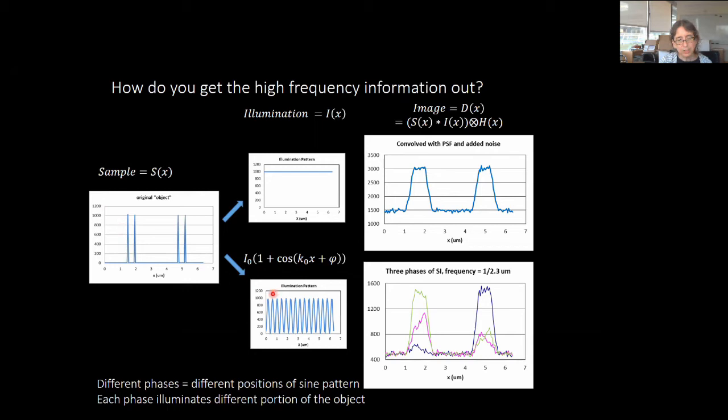But if you illuminate with sinusoidal illumination, the image you get depends on how that sine wave lines up to these point objects. The 3 traces in this picture are different positions of the sine wave relative to the field of view. Those are called phases in structured illumination. With the first of those positions, you aren't getting much signal from either one of these objects.